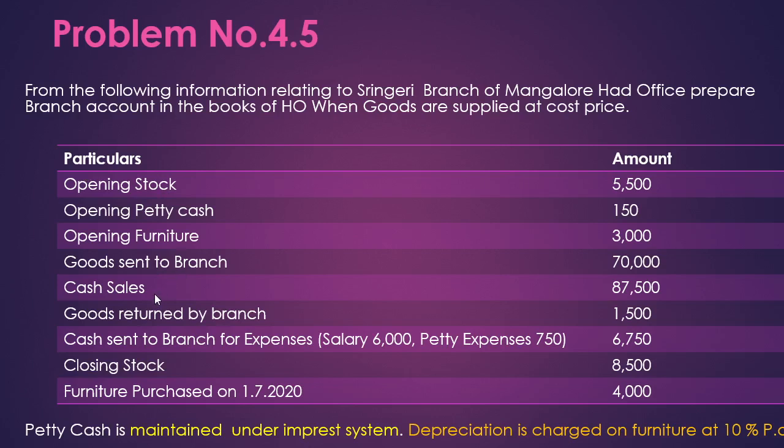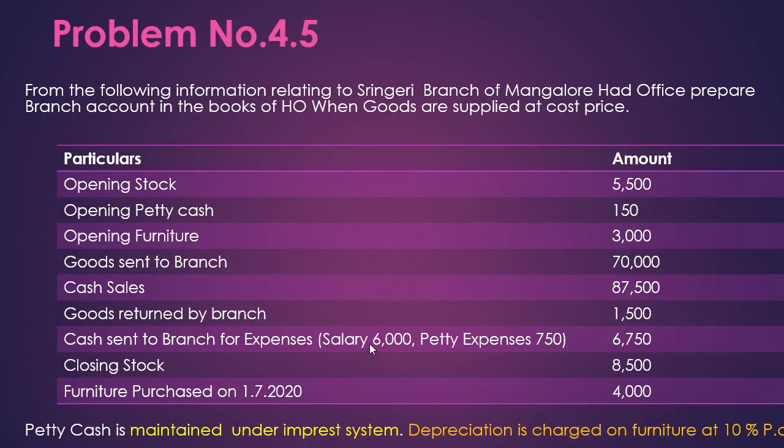Cash sales, so the proceeds of sales will be remitted from branch to head office, and you know that you are going to write this in the credit side of branch account. Goods returned by branch, of course, the opposite entry to goods sent to branch, you are going to write on the credit side.